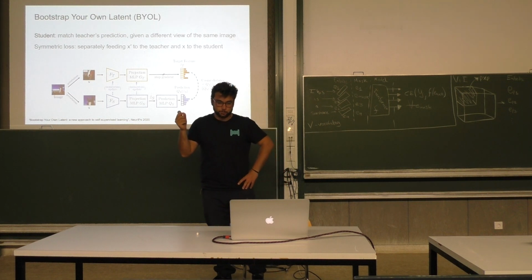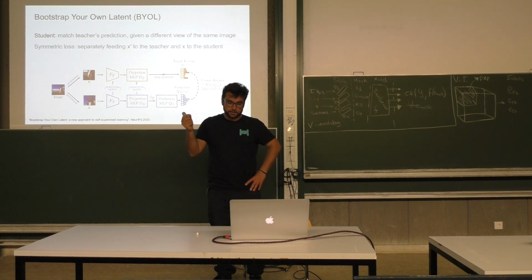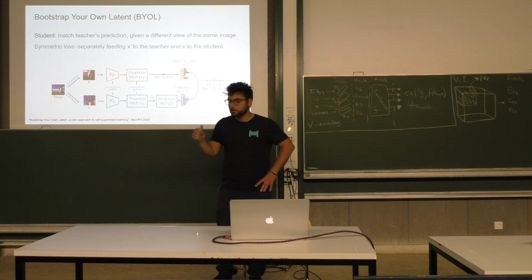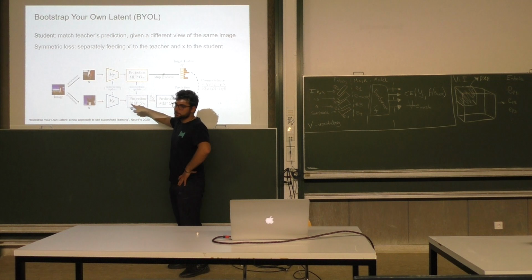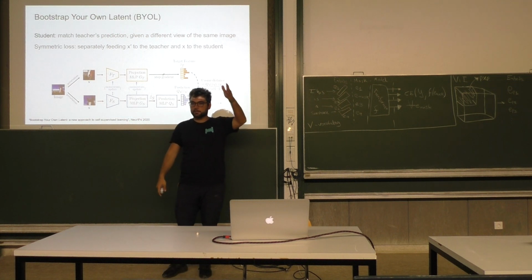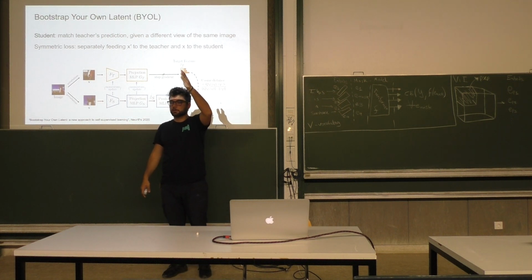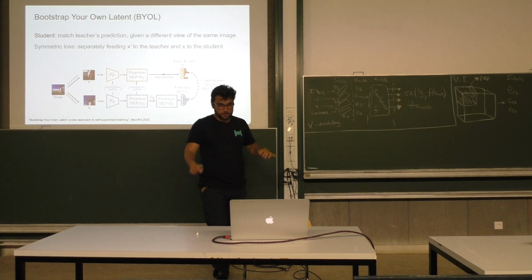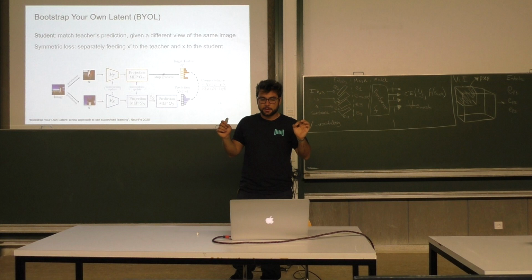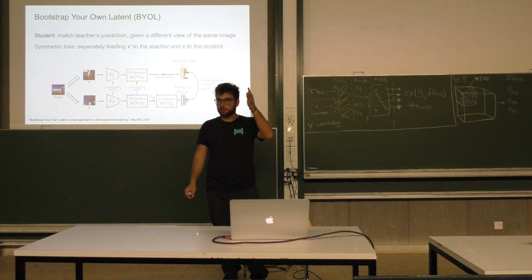Another very tricky component is that inside these MLPs, so we saw that MLPs are linear layer, activation, linear layer, so typically two layers, there is also a one-dimensional batch normalization.